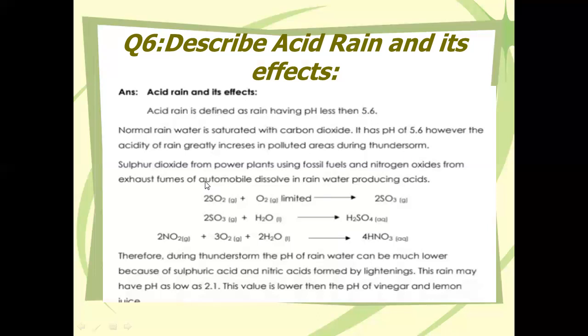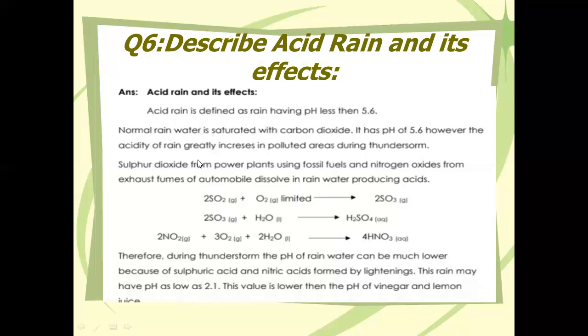So sulfur dioxide from power plants using fossil fuels, and nitrogen oxides from exhaust fumes of automobiles dissolve in rainwater and produce acids. You can see sulfur dioxide.